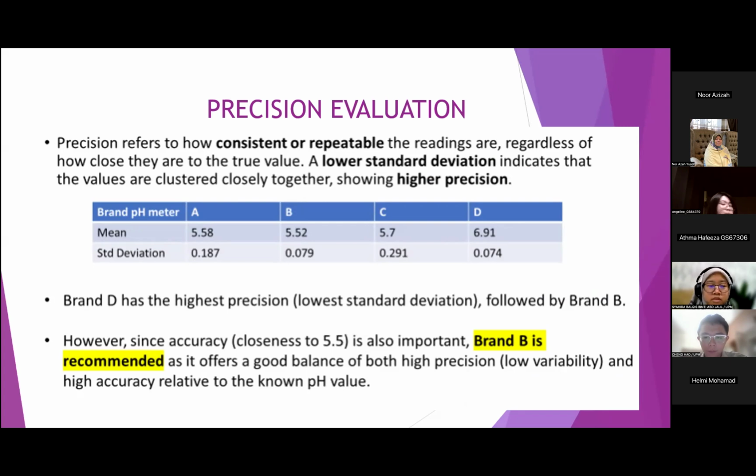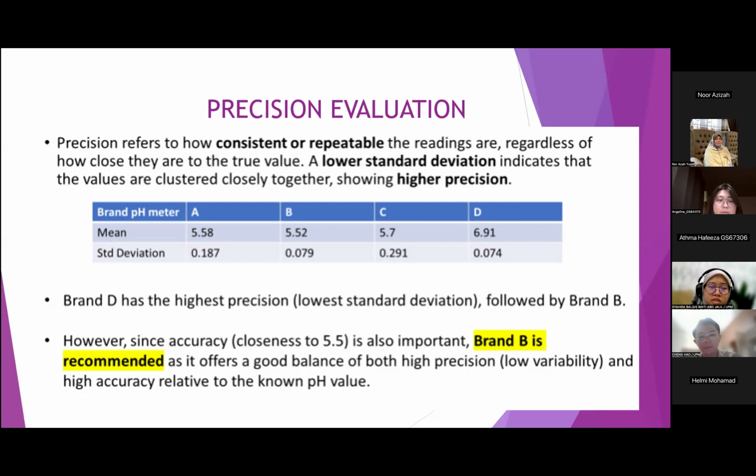From the table, we can see the mean and also the standard deviation for all of the 4 brands. We can clearly see that brand D has the lowest standard deviation, with a value of 0.04, followed by brand B, which is 0.079.